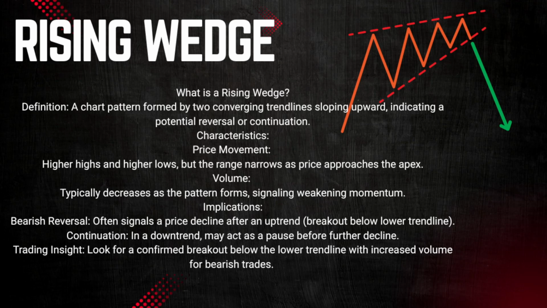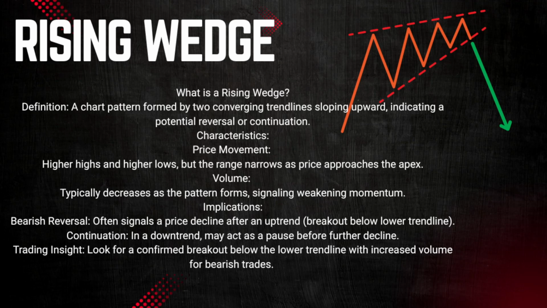What about the volume? Well, it's very typical to see the volume decrease as the pattern forms, because the start of the pattern is always bullish, of course. You have it going upwards, and at the beginning there's a lot of strong volume, but the volume tends to go down. So this is another signal that there could be a reversal incoming.